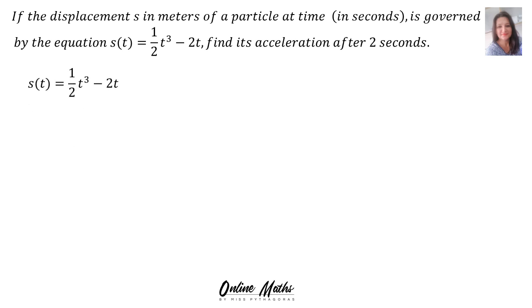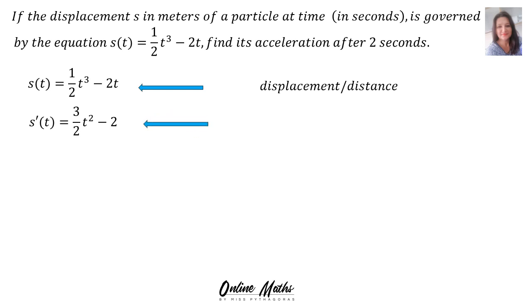First of all, if this is the displacement or the distance, then when we find the first derivative, 3 over 2 t squared minus 2, that one means velocity. And then when we find the second derivative, so we differentiate again, the answer is 3t, and that equation is then acceleration.